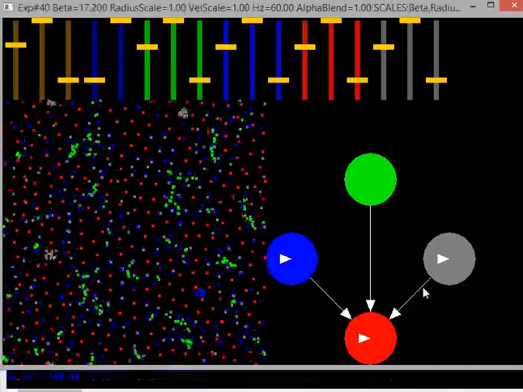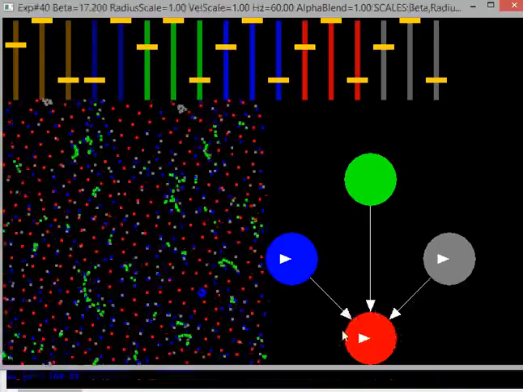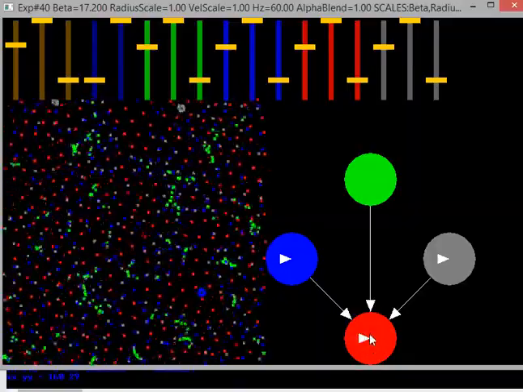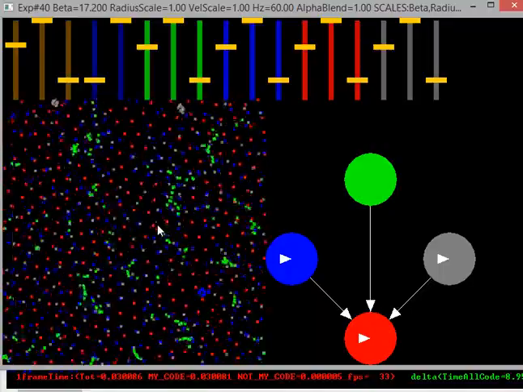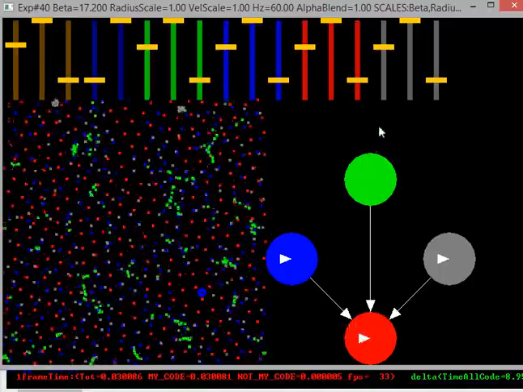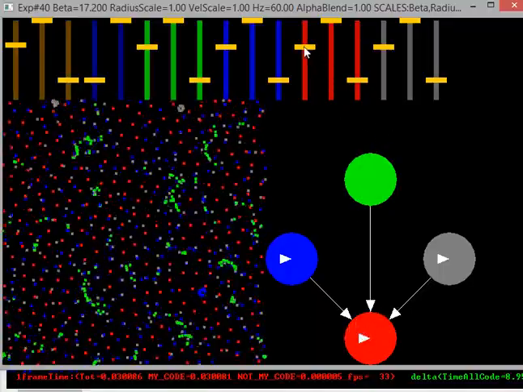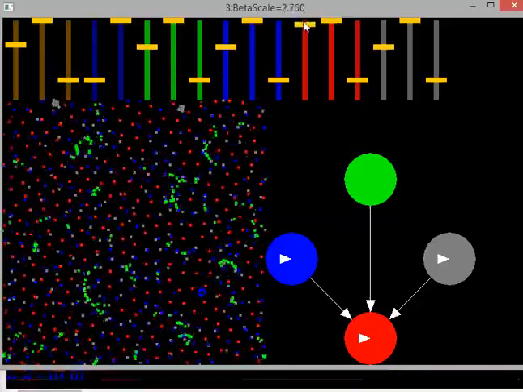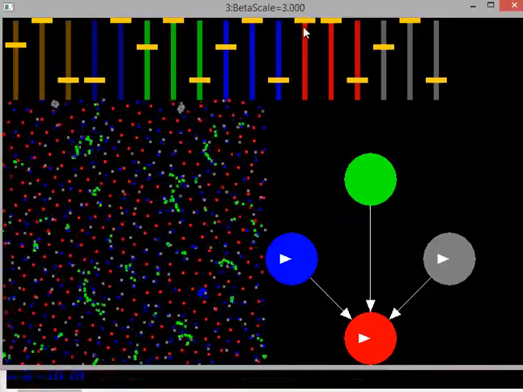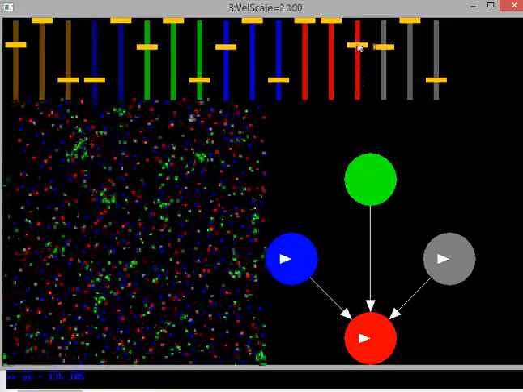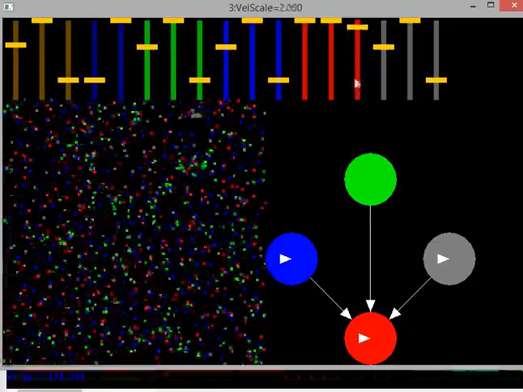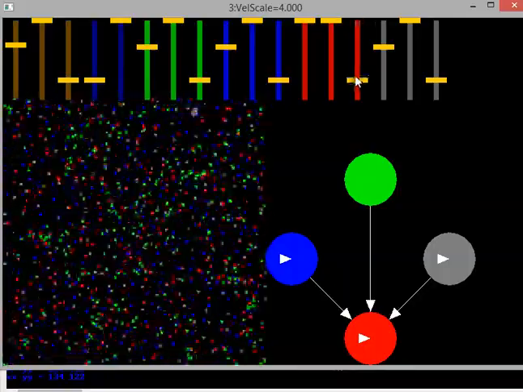Let's try this. Everything can see red. Red can see itself. Unfortunately, it's not dense enough for red to do anything on its own. So maybe we can increase red's beta and velocity to get it to react with itself.